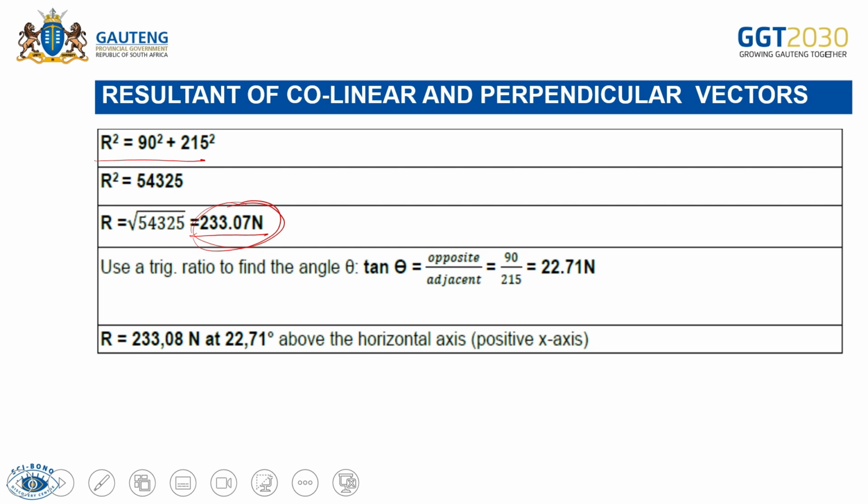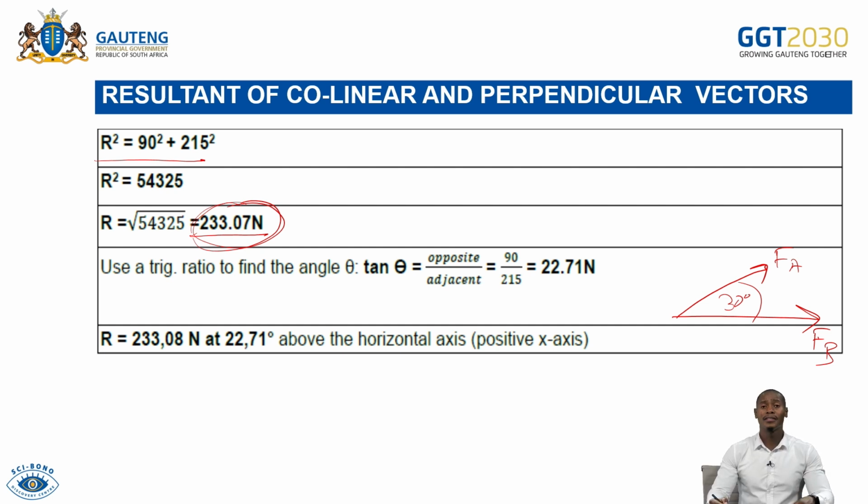But in a case where you have something like this, this is your FA, maybe this is your FB, and let's say the angle is 30 degrees. You can't use the theorem of Pythagoras there to find the resultant of FA and FB. Why? Because those two forces are not perpendicular to each other. So you use the theorem of Pythagoras if forces or vectors are perpendicular to each other. And when you use it, you will only get the magnitude of the resultant.